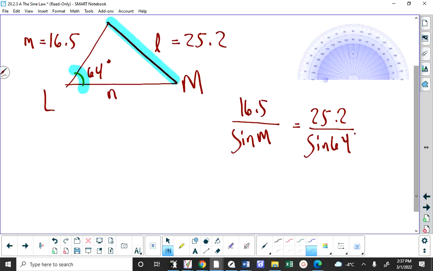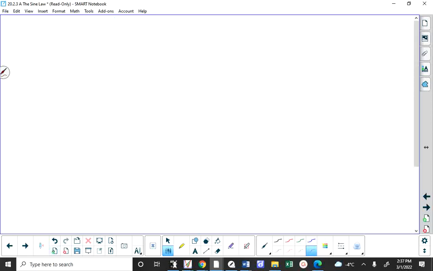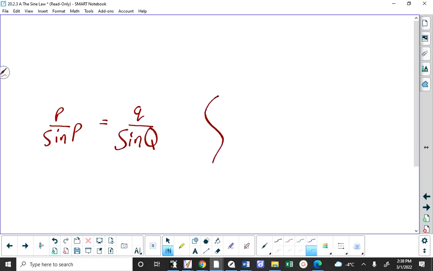So when I write out the sine law for this, I don't put, for example, P over sine P equals Q over sine Q. I don't do that if I'm trying to find the angle. What I do is this.